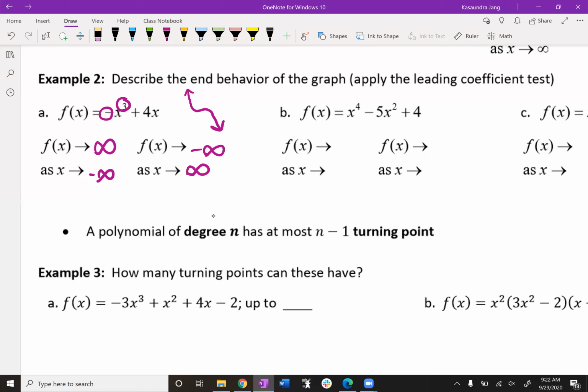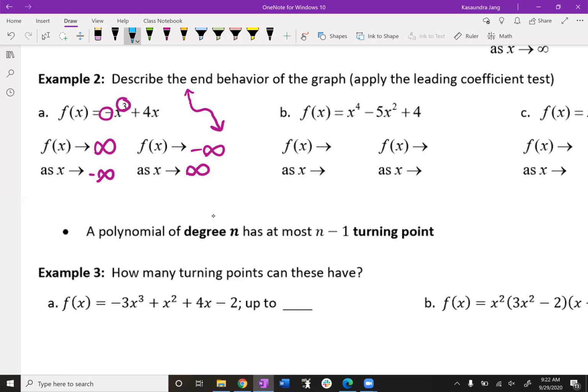So this is just a picture in my head of an odd degree with a negative leading coefficient. All right, then let's look at the next one here.